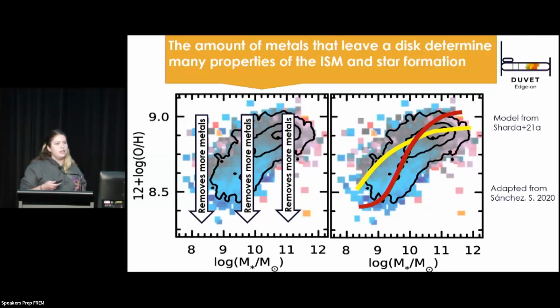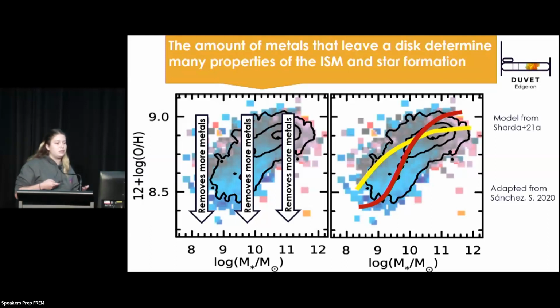So we want to constrain this process, and there are some models, like the ones that are overplotted in here, that explain this mass-metallicity evolution. But this is really hard to constrain observationally, because measuring metallicity in outflows is not easy. We cannot use the classical strong line method because the environment in the outflows is really different from the environment in H2 regions.